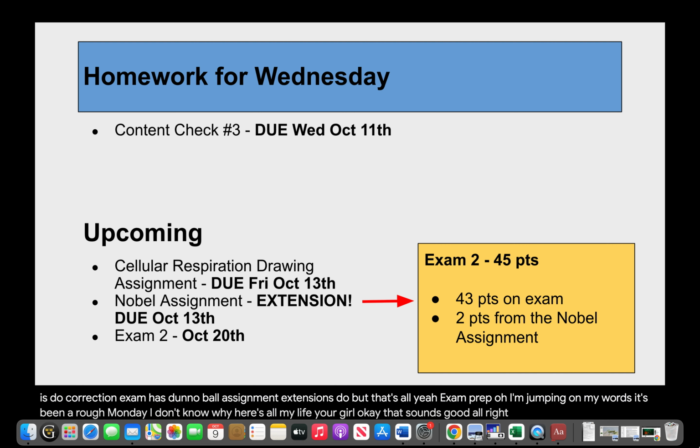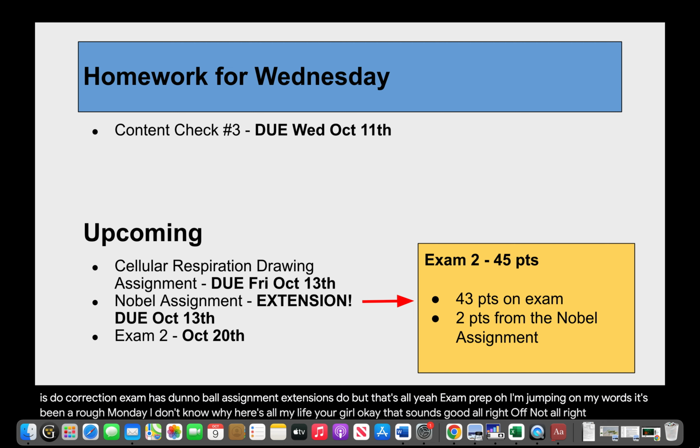For lab today, I'm unable to use Excel, so I did the best I could. Do you have a Chromebook by chance? It doesn't have Excel.